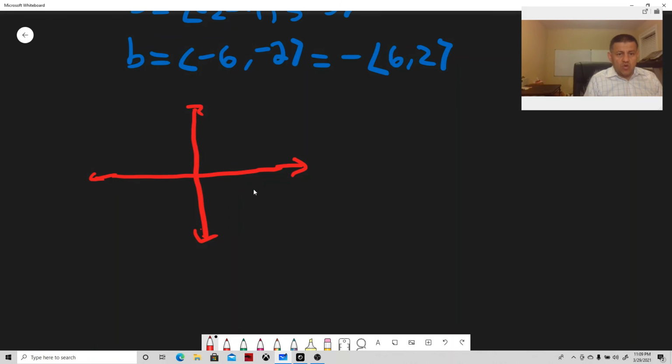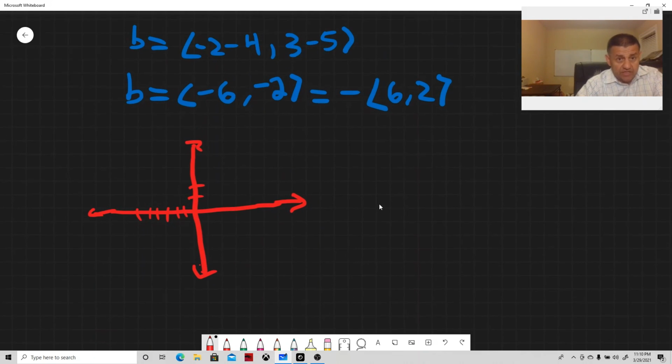I am going 1, 2, 3, 4, 5, 6. And how many units up? I'm going 1 and 2, right? But also, they want us to sketch the vector, right? So we have to do that too.